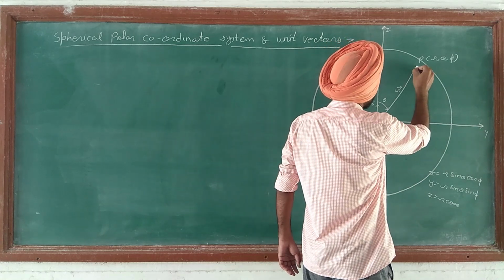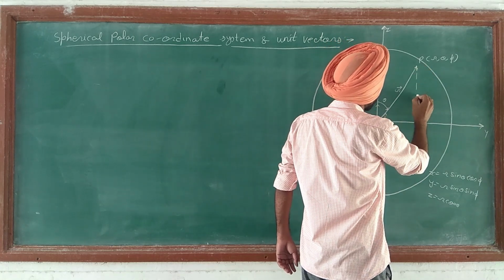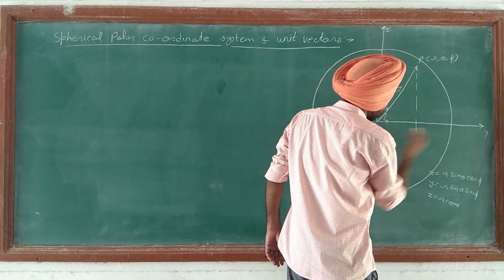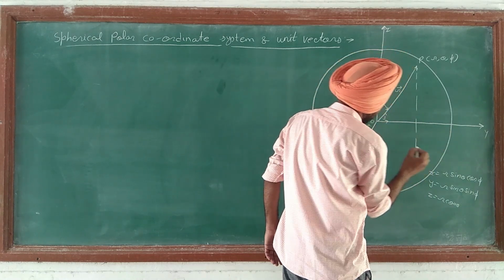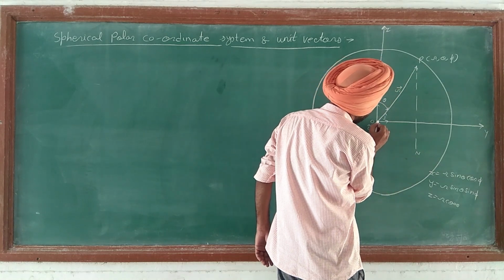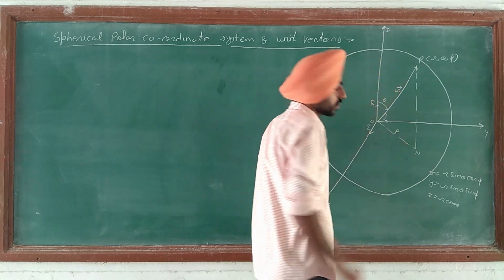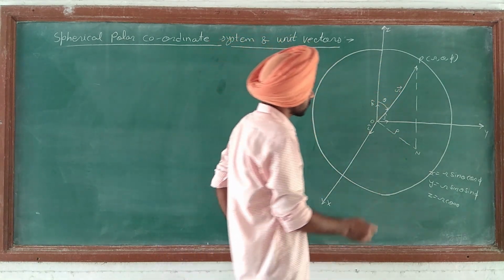And if we draw a normal from point P to the xy plane, it joins the xy plane at point N, and from O to N, this was the rho. You can see in the previous lecture also.